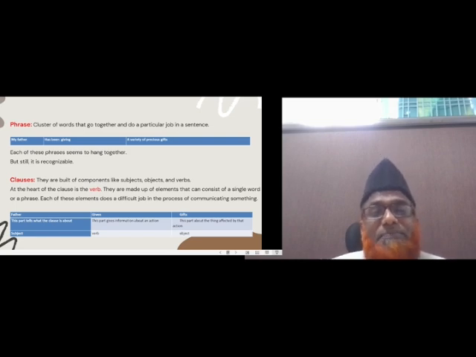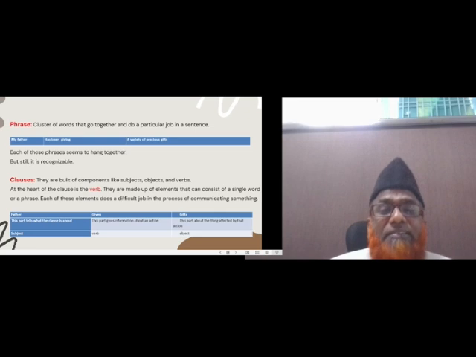They are made up of elements that consist of a single word or phrase, and each of these elements does a different job in the process of communicating something.